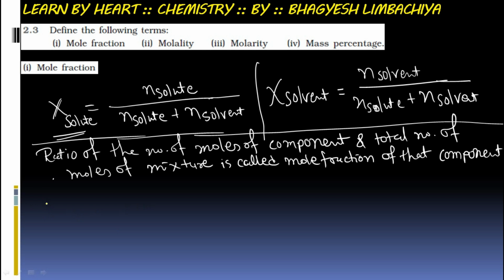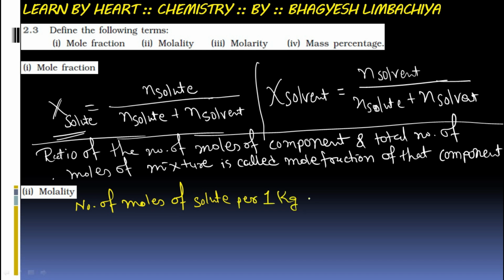Now next is molality. Molality means the number of moles of solute per 1 kilogram, or 1000 gram, of solvent.